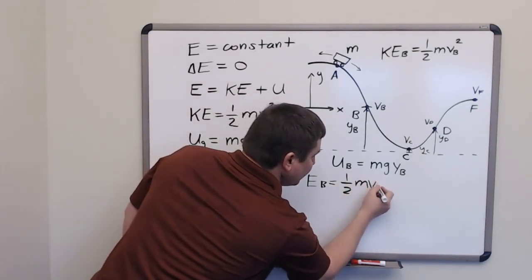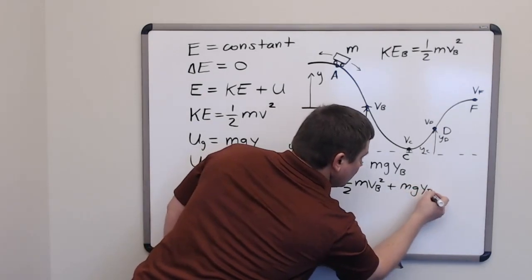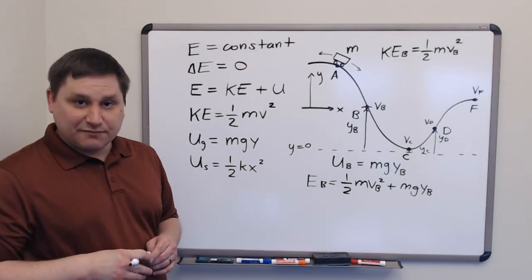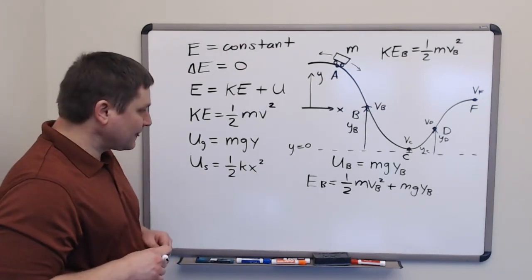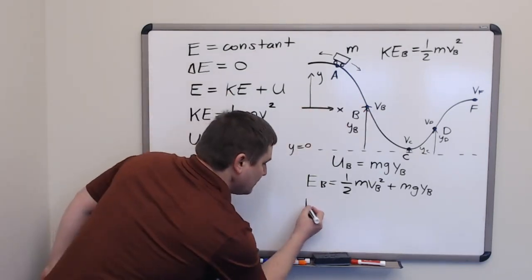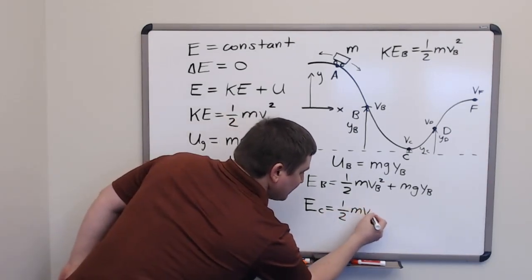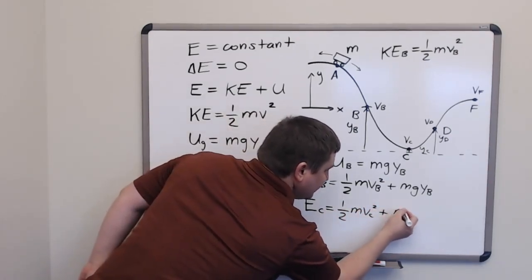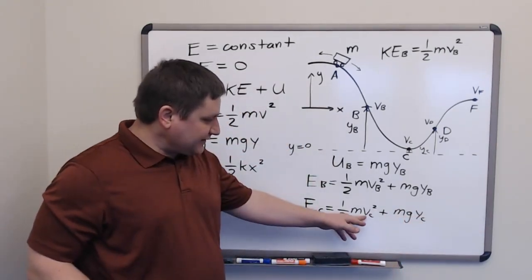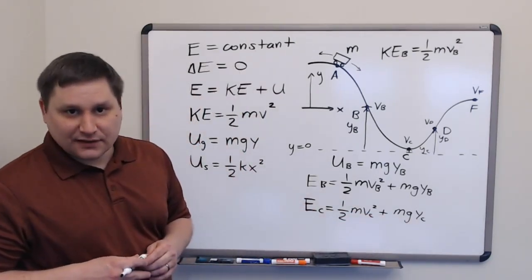We've only got one kinetic term and one potential term, so this is the expression for the total energy at location B. For the other locations, we have a very similar expression. The only thing which is different is the subscripts for the velocity or speed at that location and the y-coordinate at that location.